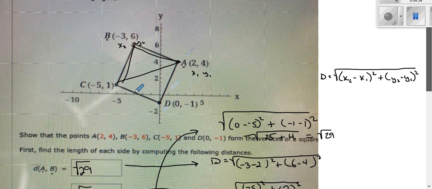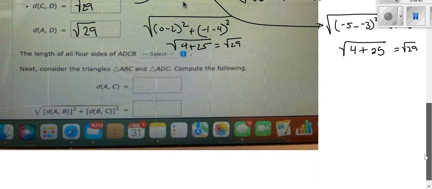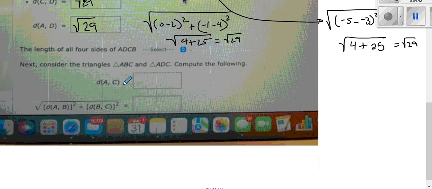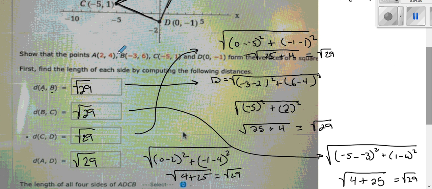ABC is this triangle right here, ADC is this triangle right here. And then it's asking you for the distance of AC. So AC would be just using those 2 points, A and C.